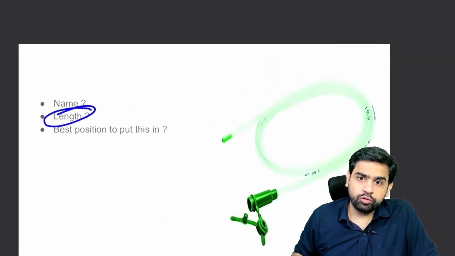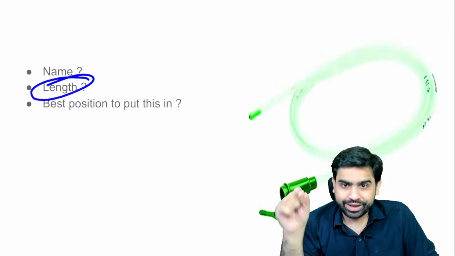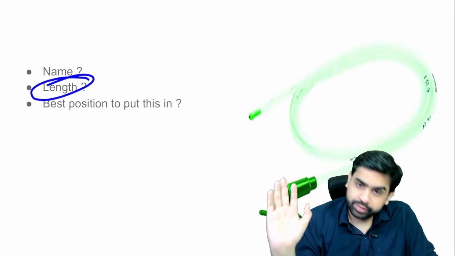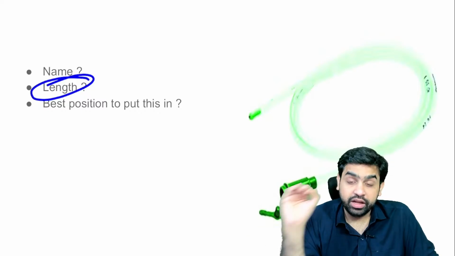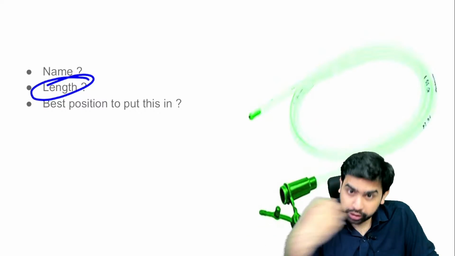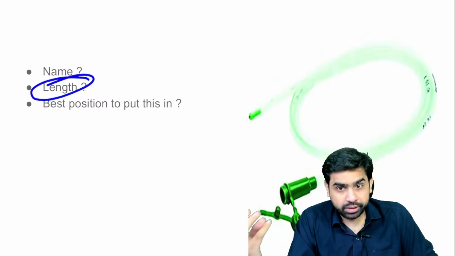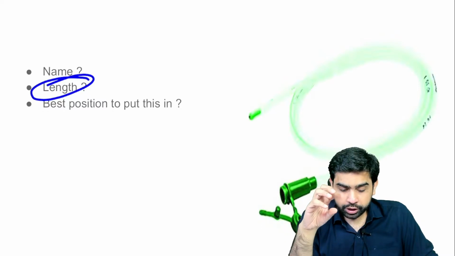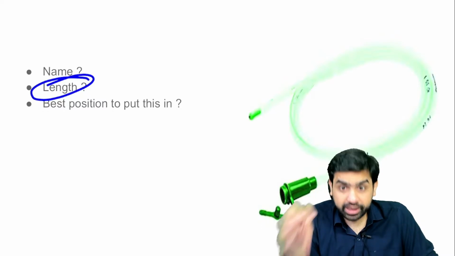Why? Because over here, not very well visible, but what you have is a green radio opaque line, so that you can detect it on an X-ray. That's fine, but that's again not the most accurate way. The most accurate way is that you aspirate the contents and check the pH of that particular content.